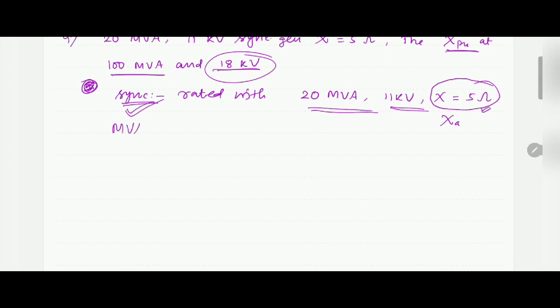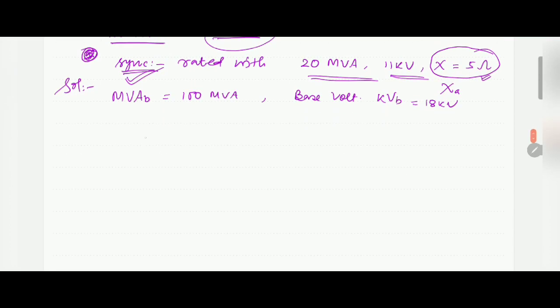So base MVA is given as 100 MVA and base voltage, that is kV base, is 18 kV. Recalling the formula for per unit value, we have X per unit equal to actual reactance multiplied by base MVA divided by base voltage square.